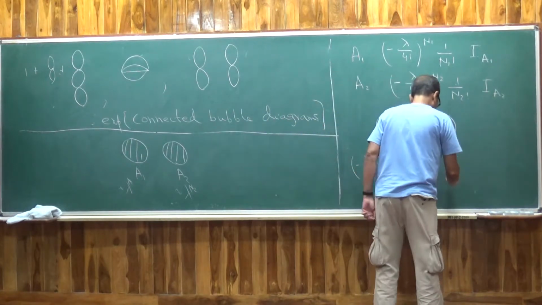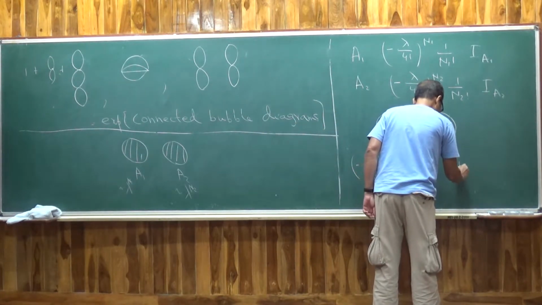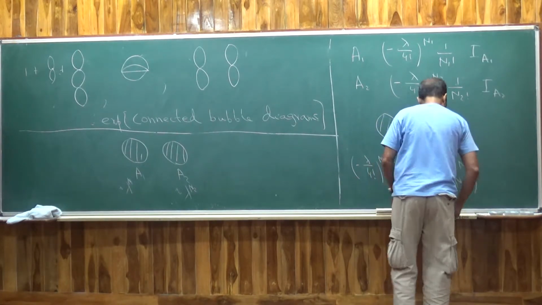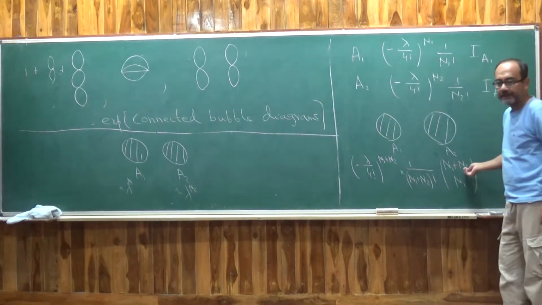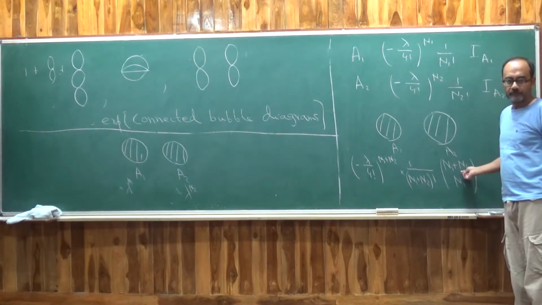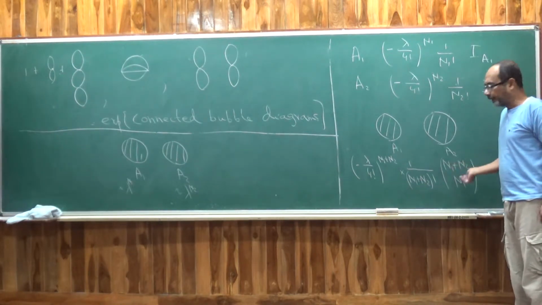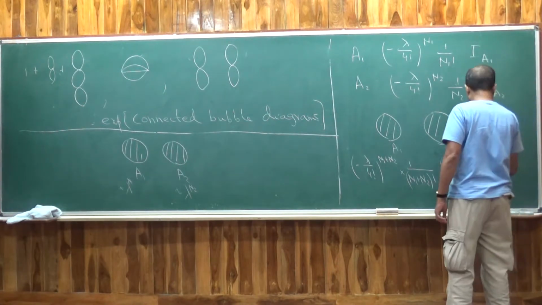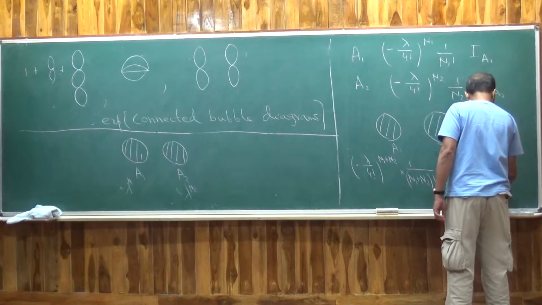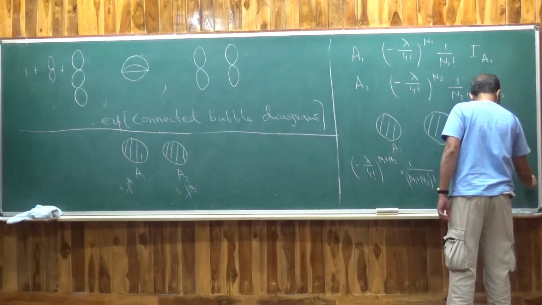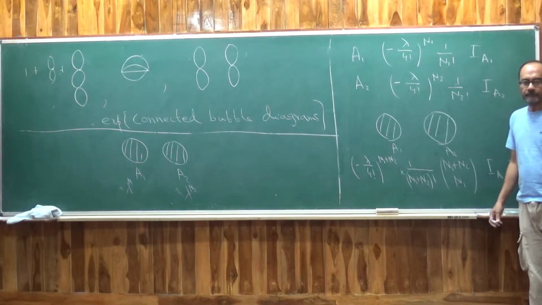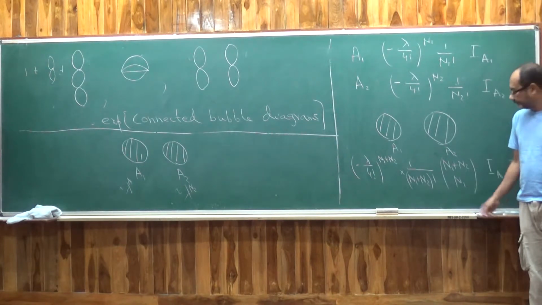So that number is n1 plus n2 choose n1. How many ways can you choose n1 vertices out of n1 plus n2 vertices? Once that combinatorial factor is counted, then the rest is just IA1 times IA2. The rest of the combinatorial factors are already included in A1 and A2. Is this clear?